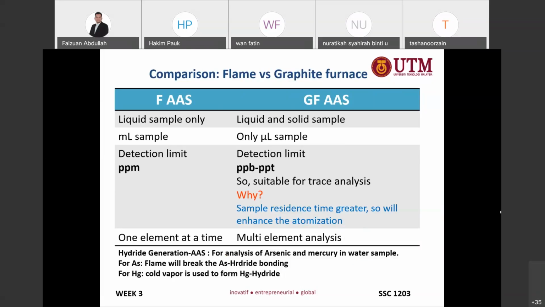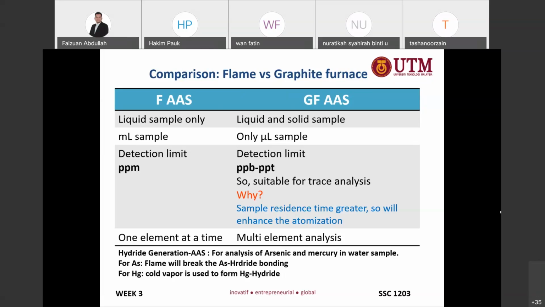And about the volume of the sample, for flame it is on the milliliter scale, but for graphite furnace, we only need a microliter amount of sample. The detection limit for flame AAS can detect within parts per million, but for graphite furnace, it can detect as low as parts per billion and parts per trillion. So it is suitable for trace analysis.